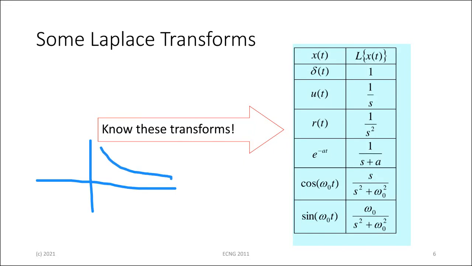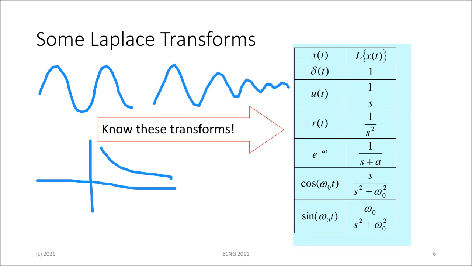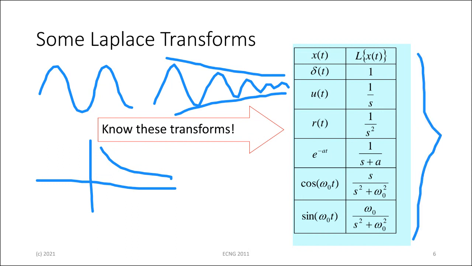The cosine, of course, is the regular sinusoid, but multiplied by e to the minus at, it would be a sinusoid that does something like that. Something that behaves a bit like that. All of those things, decaying sinusoids and exponents, occur a lot in what we do. So at least it saves time if you know some of these things by heart.